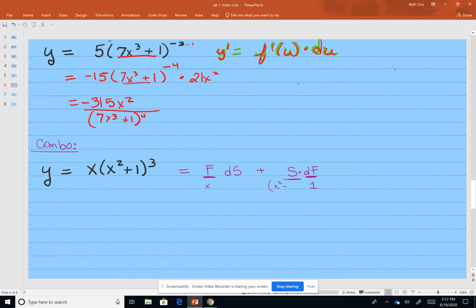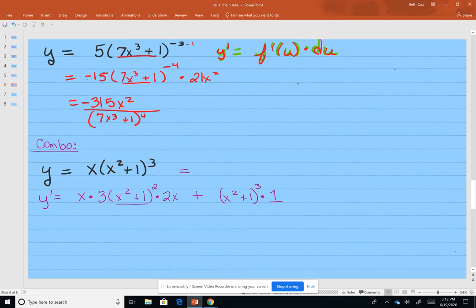All right, so now here we go. Let's get it worked out. All right, ready? All right, chain. So we're going to do the first times the derivative of the second. The derivative of the second is going to be 3 times x squared plus 1 to the second power times the derivative of the inside, 2x, plus the second times the derivative of the first.